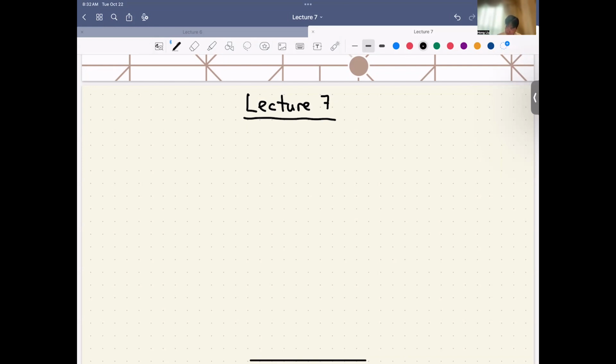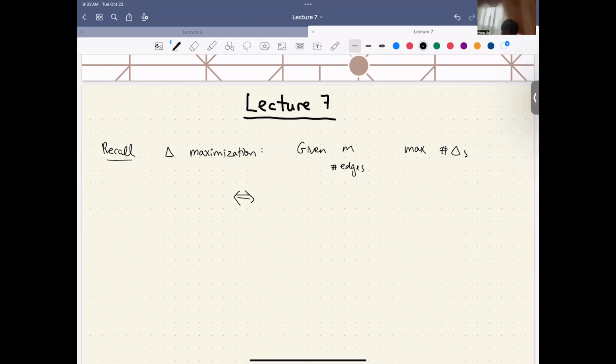In that version, in this triangle maximization problem, we are given m, which is the number of edges, and we are maximizing t, the number of triangles in the graph G. If you flip it around, this is basically the same as saying we are given the number of triangles, and our goal is to minimize the number of edges that sit in these triangles.